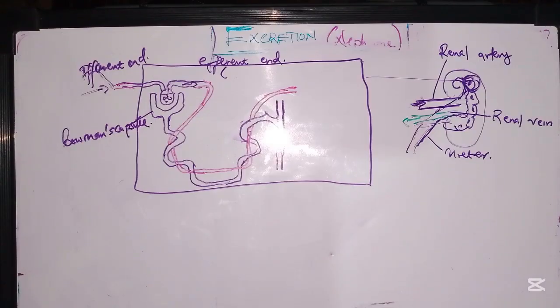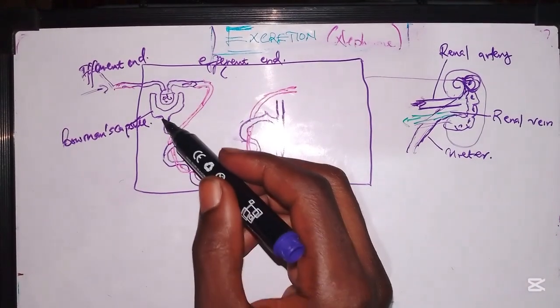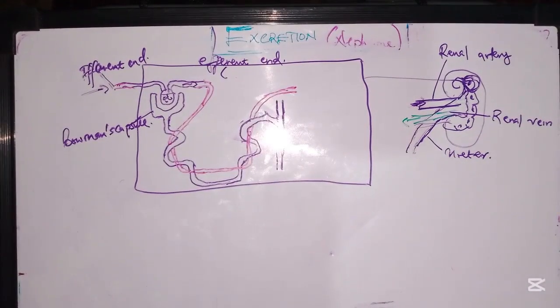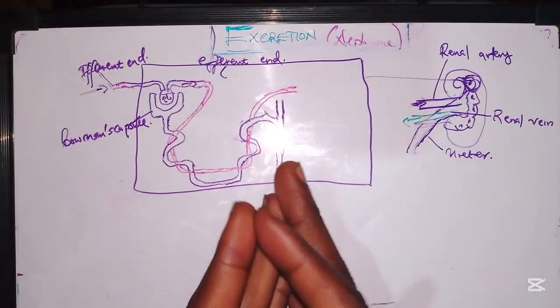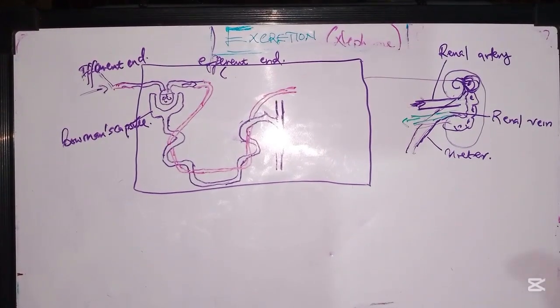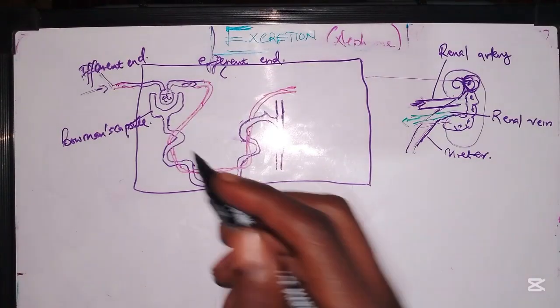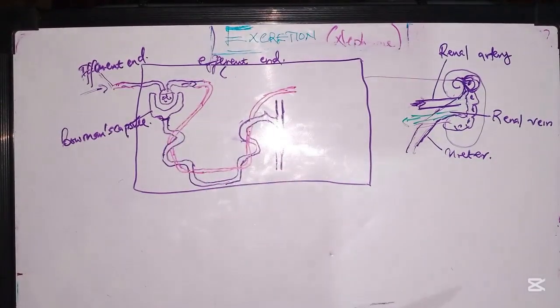After the blood is filtered, the filtered material goes to the renal tubule, which is the tube you are seeing, starting from the Bowman's capsule until it reaches the collecting duct. So the third structure is the Bowman's capsule, which has the glomerular filtrate. Then we also have a tubule which starts from the Bowman's capsule.